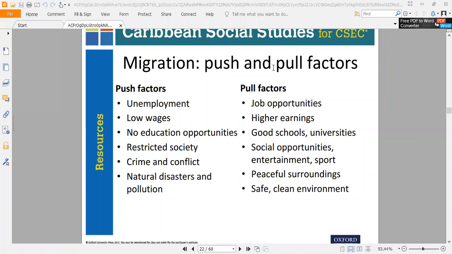And those factors which would be pulling us or drawing us are job opportunities, higher earnings, good schools, universities, social opportunities, entertainment, sport, peaceful surroundings, safe and clean environment. So those would be all of our pull factors, which are those things which are positive.